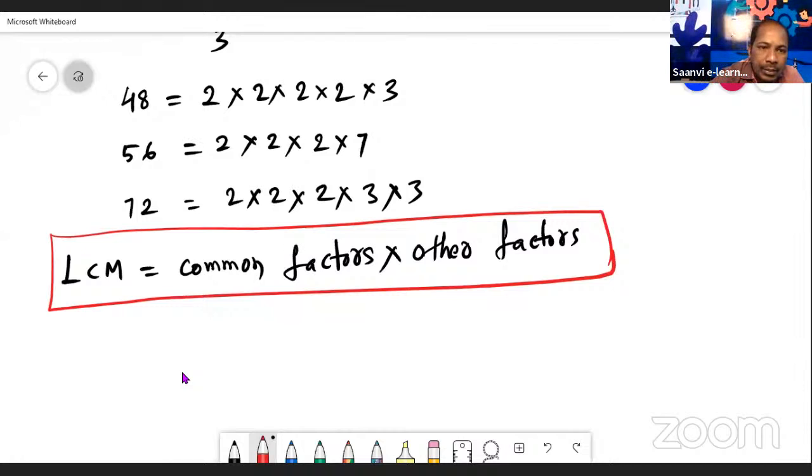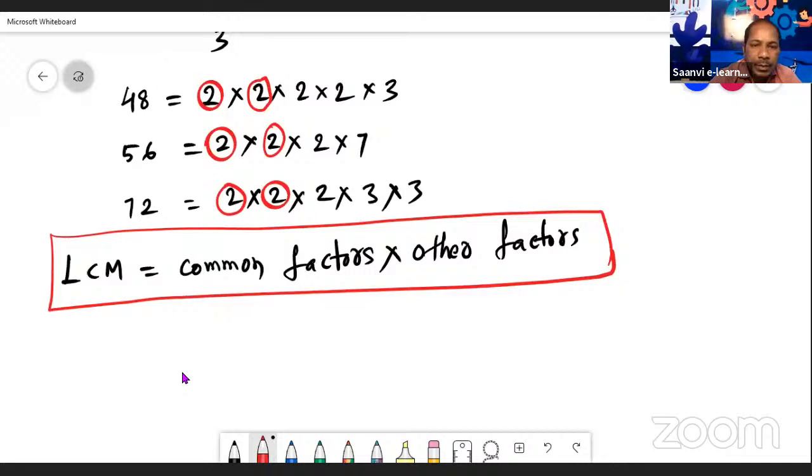What are the common factors here? 2 is common in 3 numbers. So 2 is the common factor. Again, one more 2 is also common. This 2 is also present in 3 numbers.